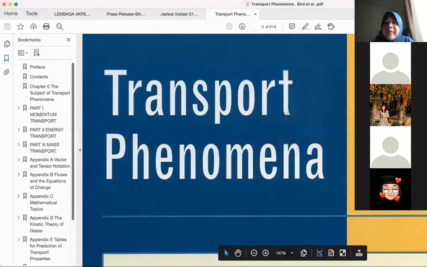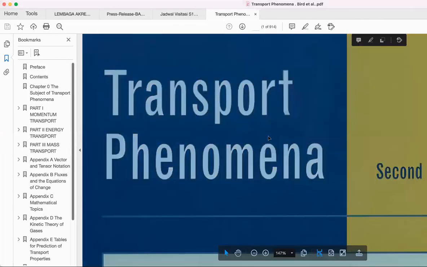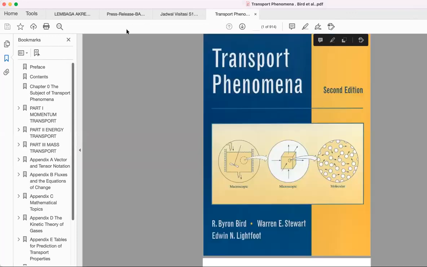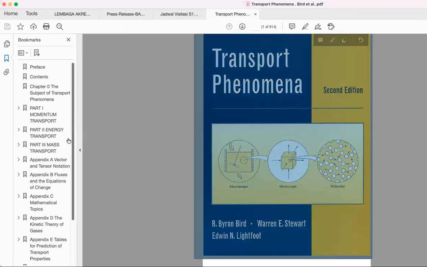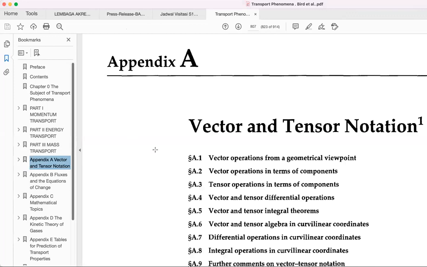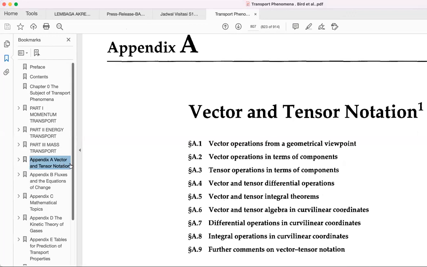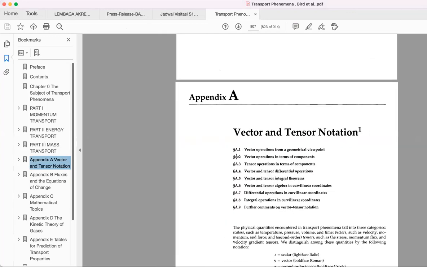So this is the book that we're going to use. Kevin is asking what is tensor and vector. You can open appendix A. Appendix A is all the mathematics and calculus that you need to refresh to understand this.